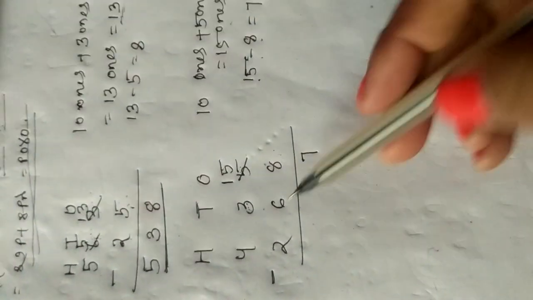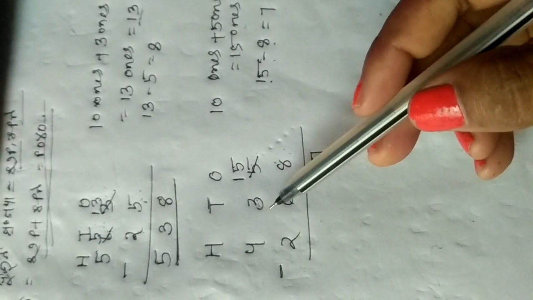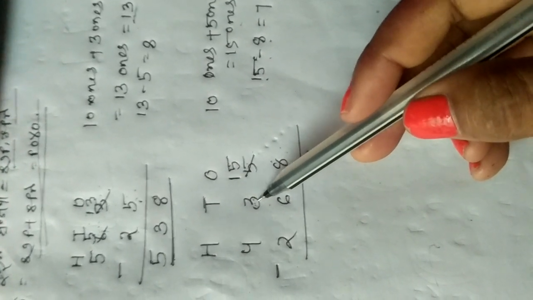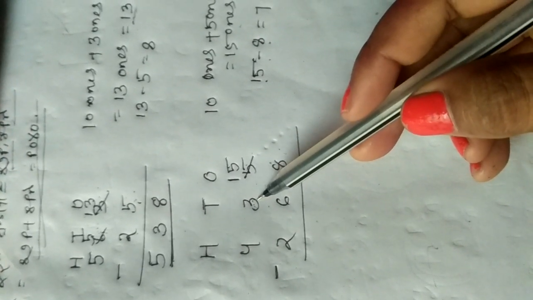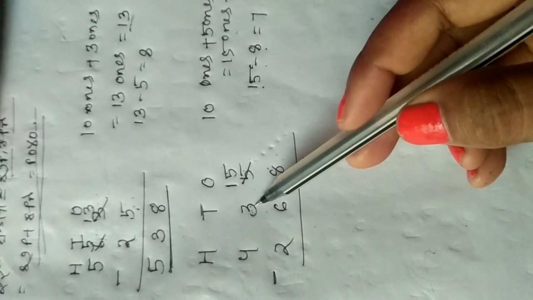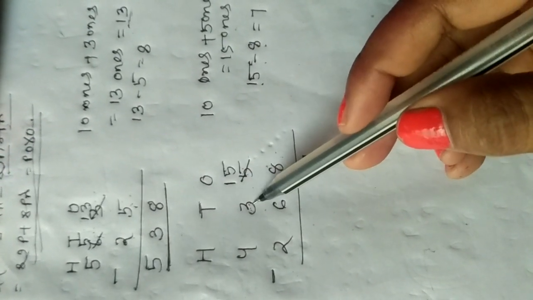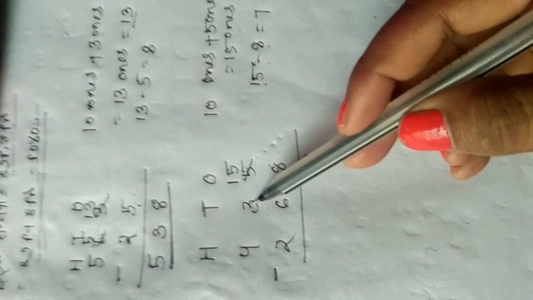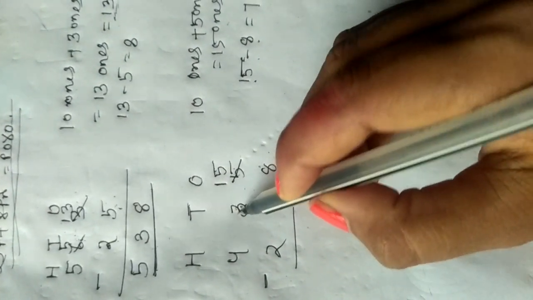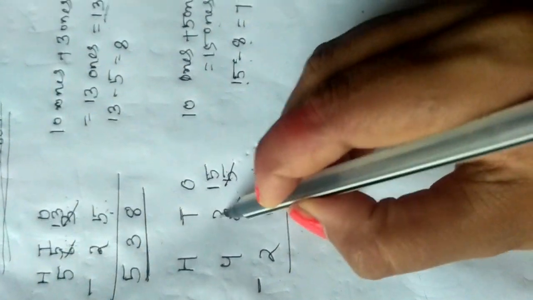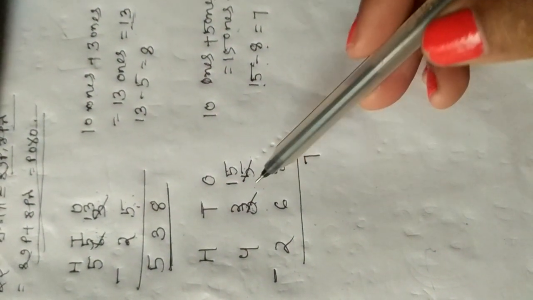Then students, we change the tens column, meaning 3 tens to 2 tens, because we took 1 ten to the ones place. So here is 2 tens. Then we subtract.